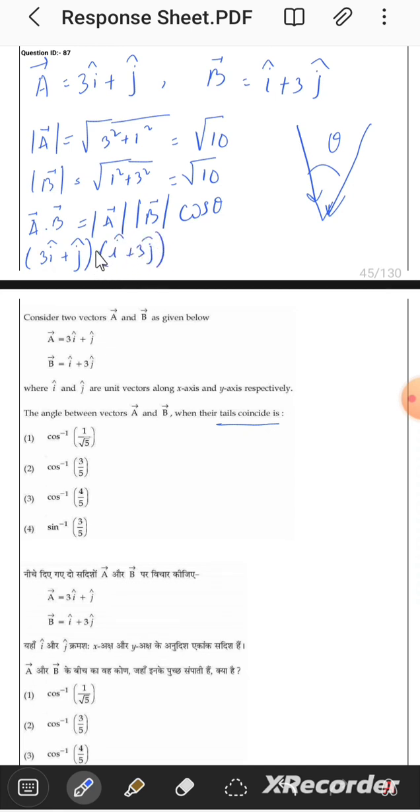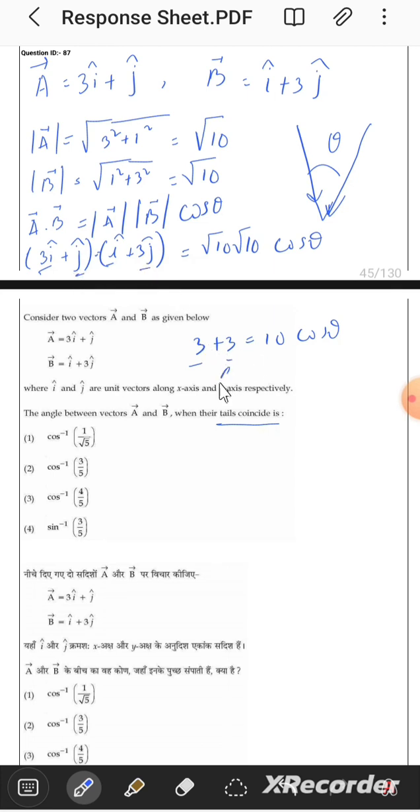So the dot product equals mod of a mod of b, that is root 10 root 10 cos theta. From this equation we will get 3 plus 3 equals 10 cos theta, because 3 i cap dot i cap gives us 3, and j cap dot 3 j cap gives us 3.